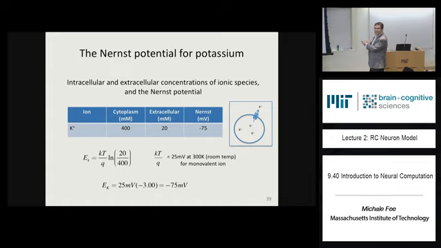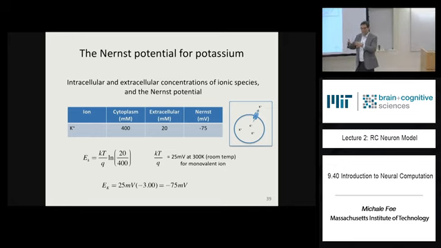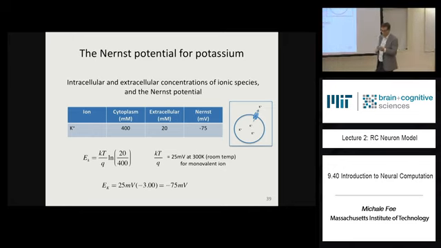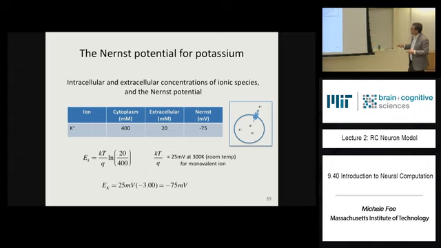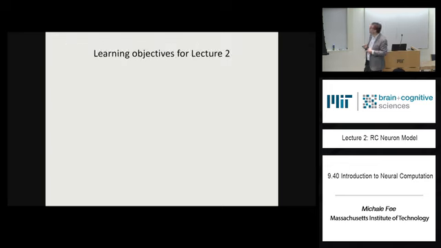The voltage inside of the cell when positive ions leave is going to go down. So that's why it's minus. So the battery, and in those video modules that I recorded for you, it's going to explain how you actually incorporate that into a battery in our circuit model.